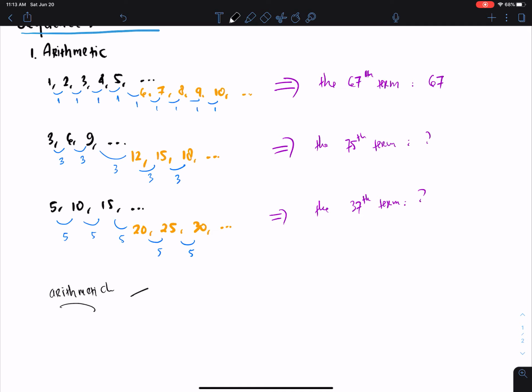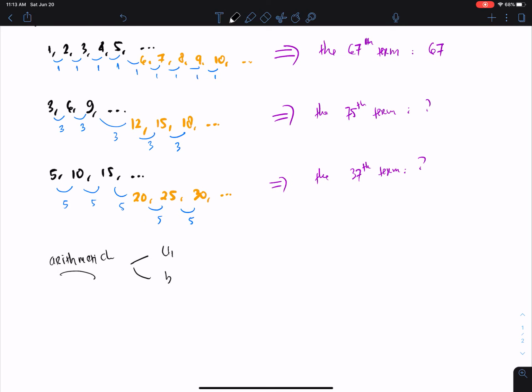First, we need to know the first term, which we call U1, for example. And then we need to know the difference, B. Then for any given series, if we know U1, which is the first term, and B, it will be easy for us to find the general formula for that particular sequence.